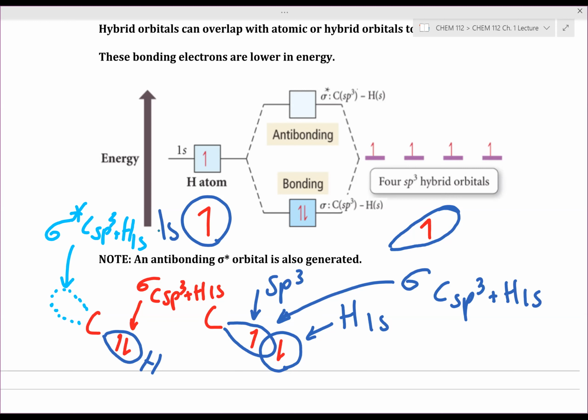But yes, technically there's also an empty antibonding orbital sitting behind the hydrogen. It's much less accessible because it's much lower energy compared to the carbon. So this whole thing would be our antibonding orbital, but the attacks typically occur centered around carbon.